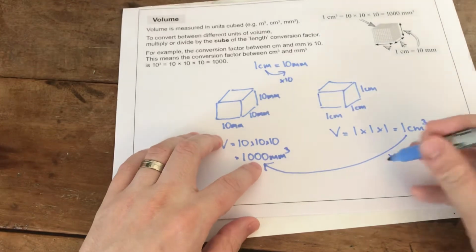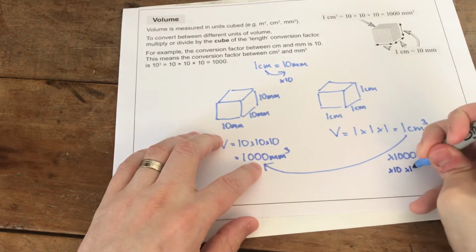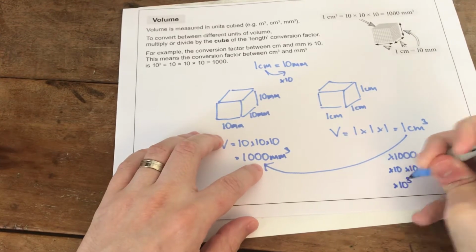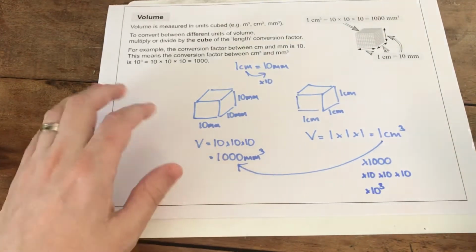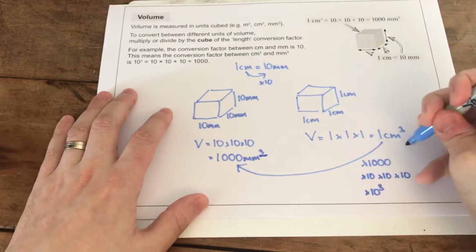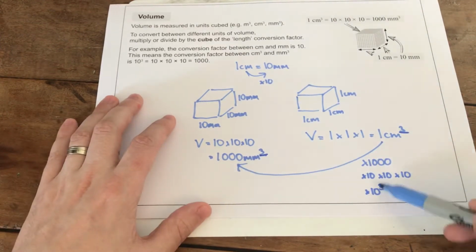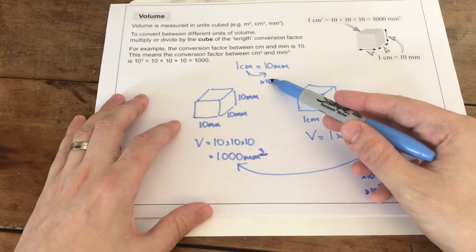If something is times by 10, then times by 10, then times by 10, that's the same as saying 10 cubed, and that would give us 1000. So we look at the powers on our units, and we cube our conversions from our conversions for length. Okay?